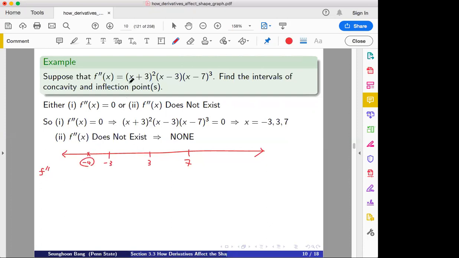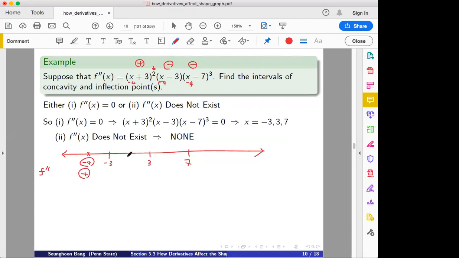Plug minus 4 in. The even power is always positive, negative 4 minus 3 is negative, negative 4 minus 7 is negative, so negative times negative is positive.